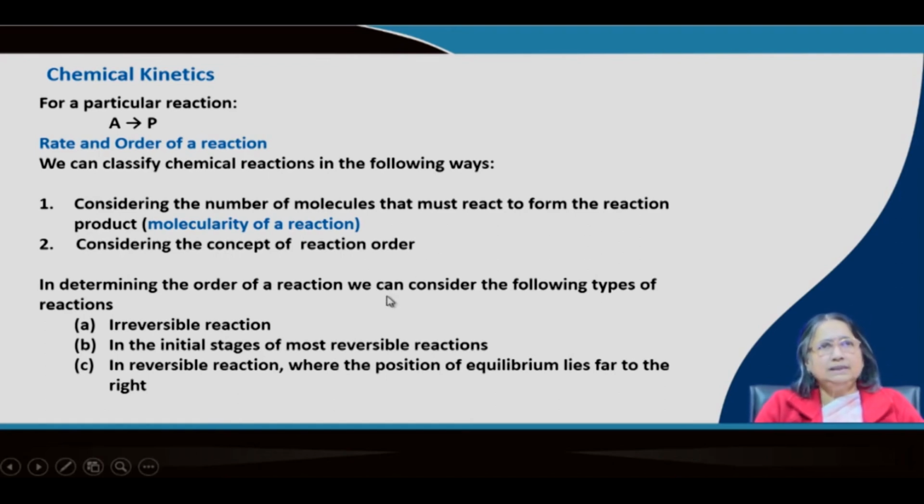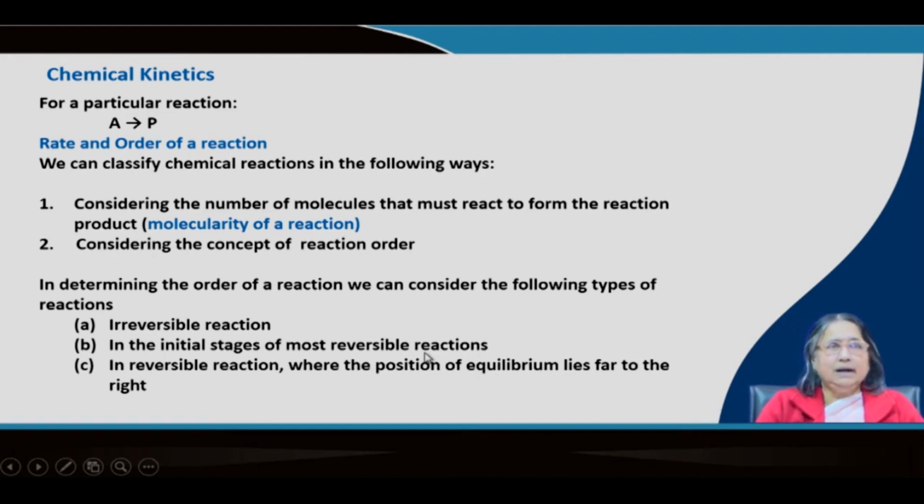Now, for which type of reactions should we determine the order? There are three types of reactions. First is the irreversible reaction. Irreversible and reversible reactions I already discussed in the chemical equilibrium chapter, and so order we can determine for the irreversible reactions, or order we can determine in the initial stages of most reversible reactions.